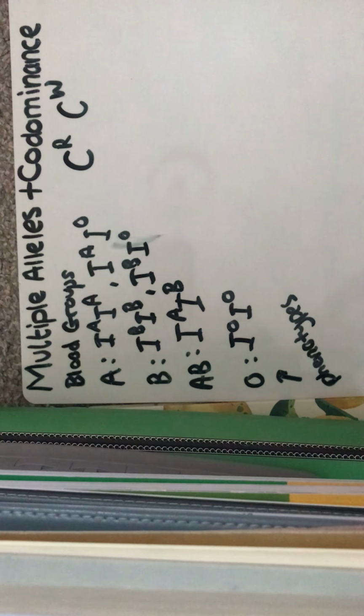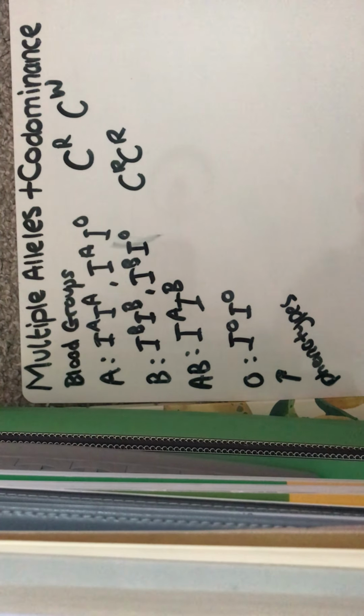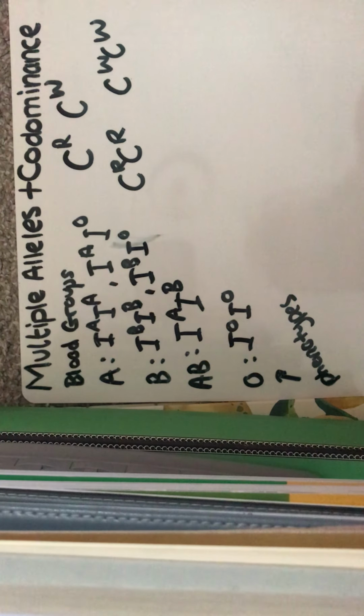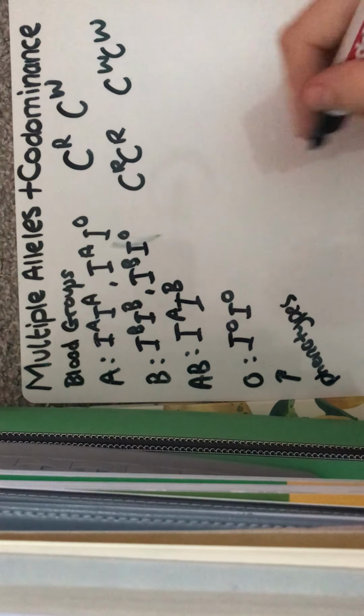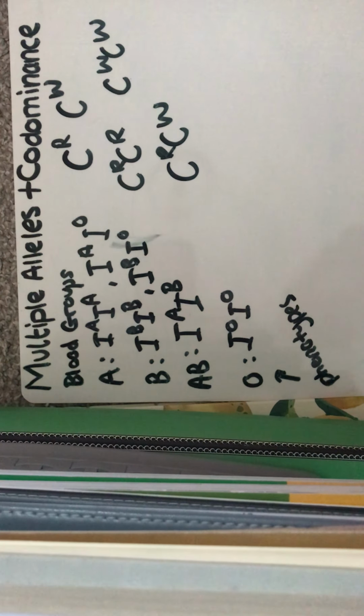And cattle that are homozygous for the red coat colour, which would be CRCR, they've got a red coat. And similarly, cattle homozygous for the white coat colour, that would be CWCW. They're going to have a white coat. That's going to be their phenotype. But if we're looking at heterozygous cattle, which would be CRCW, they have both red and white hairs.